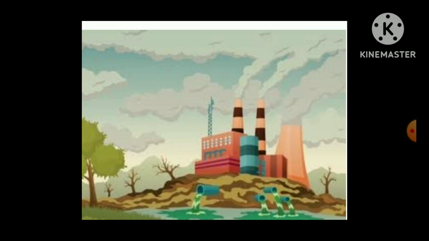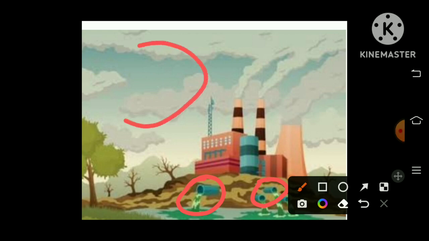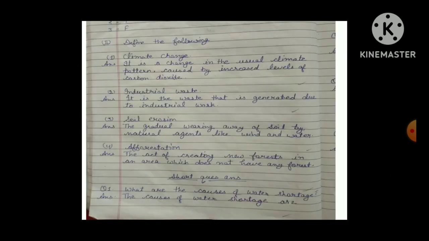From the pipes there is so much wastage coming out from the factories, and lots of air pollution created by the factory. So we can see that it is the waste that is generated due to industrial work.